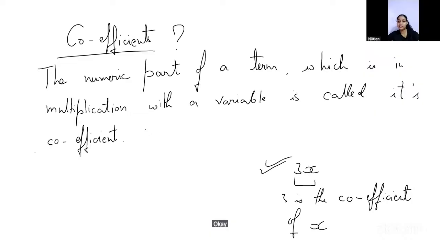For example, suppose we have 3x square. What will be the degree of x? 2.